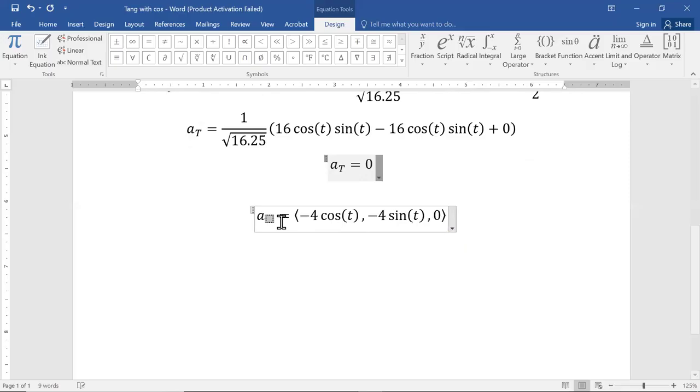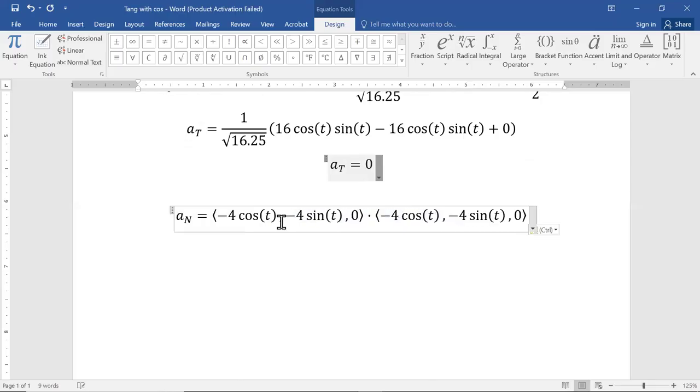I'm sorry, this should be a capital N. Notice that my unit normal vector was negative cosine t, negative sine t.